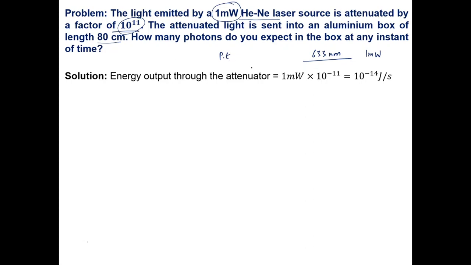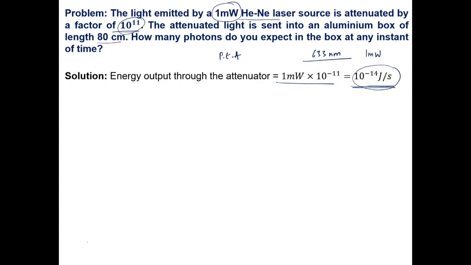Power is 1 milliwatt, but now we have an attenuation factor, so we are going to multiply this with the attenuation factor. So this is the total energy output of this laser plus the attenuator system. Now this is the total energy that we have.